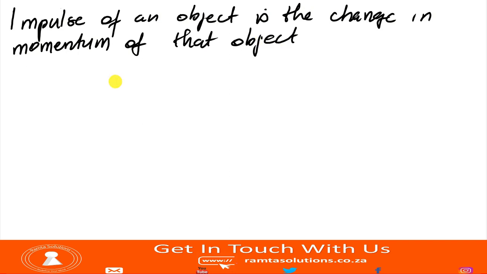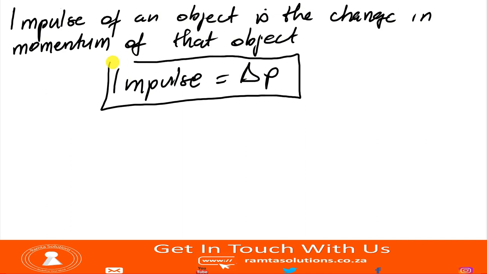What I mean is that impulse is equal to change in momentum. So remember, the impulse of an object is the change in momentum of that object.